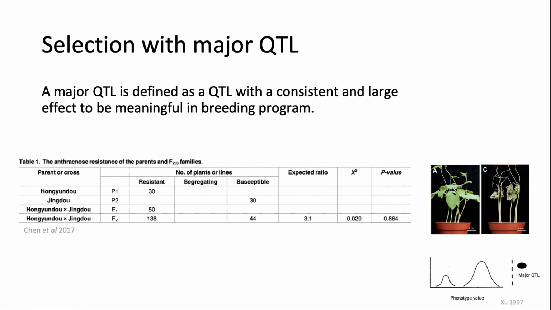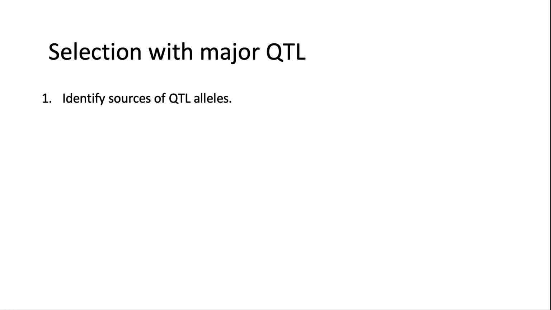When we have something like this in our trait, it is kind of straightforward to identify the sources of QTL alleles.